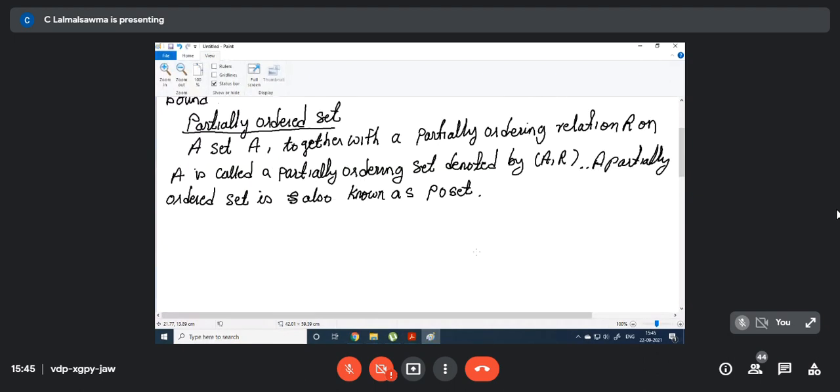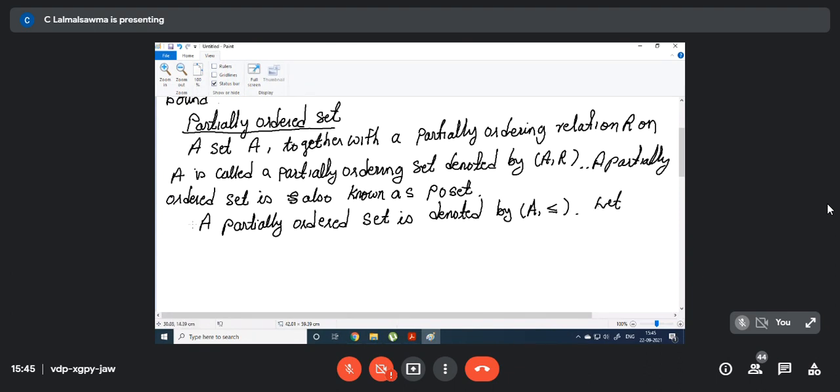So I will write one more paragraph under partially ordered set, because we will use a specific type of relation, which is less than or equal to. An ordered set is denoted by (A, ≤), and this is less than or equal to. So there is a definition within itself.